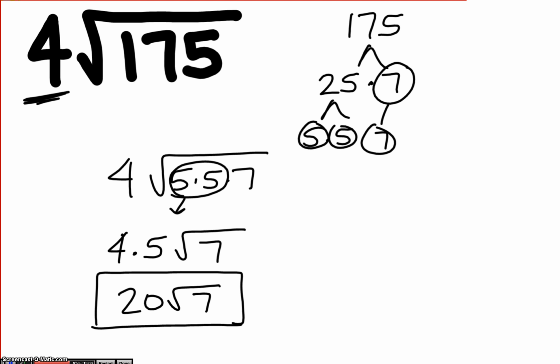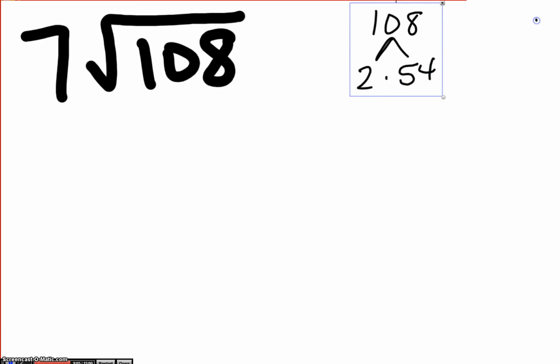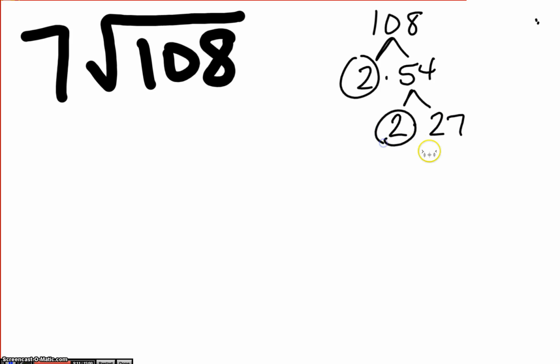And last example, 7 square root of 108. So we're going to take the prime factorization of 108. That's 2 times 54. 2 is prime. 54 is 2 and 27. 27 is 9 and 3.